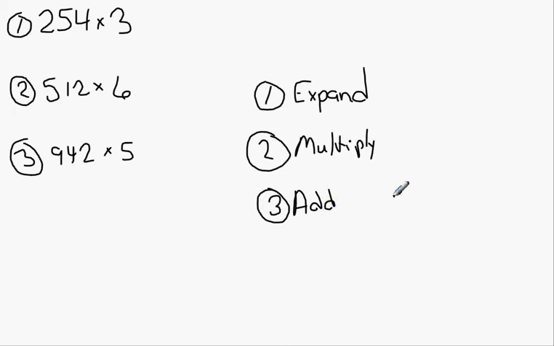Okay, so go ahead and try those by yourself, and if you want, you can pause the video. You can press the pause button just to have those on the screen, and try those by yourself. Good luck.